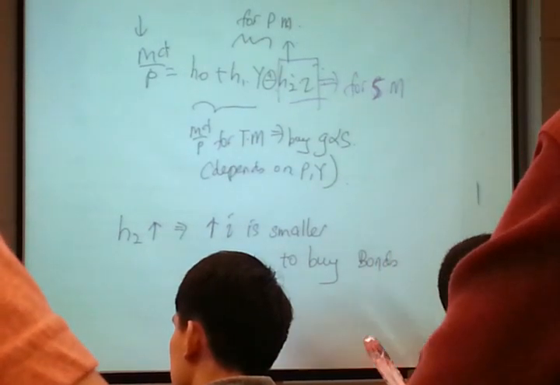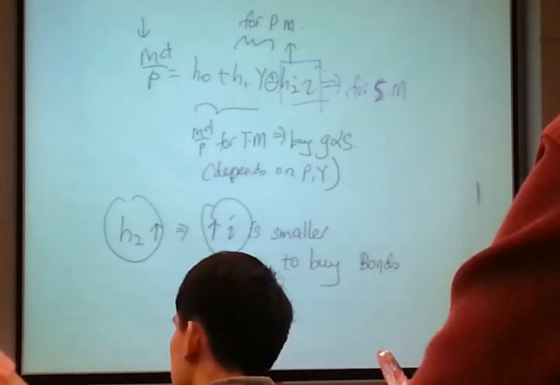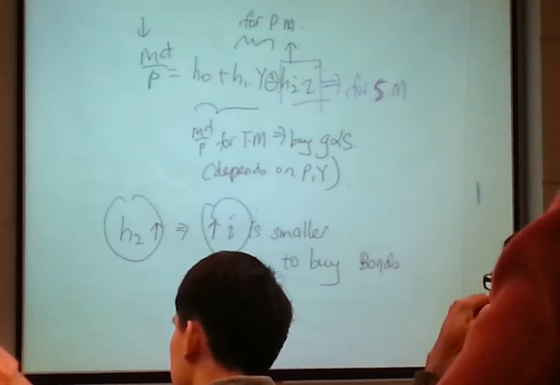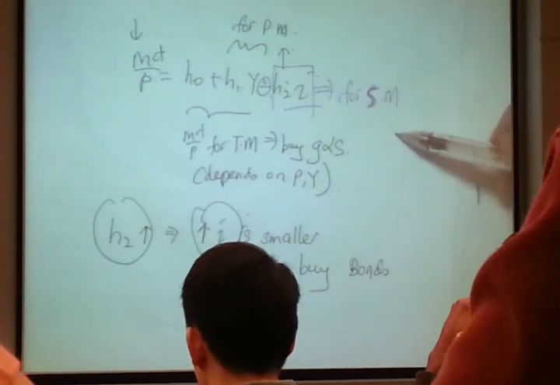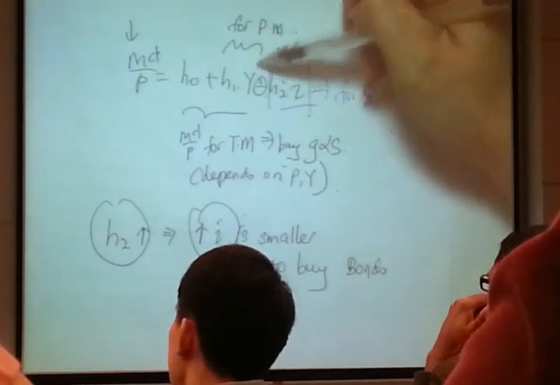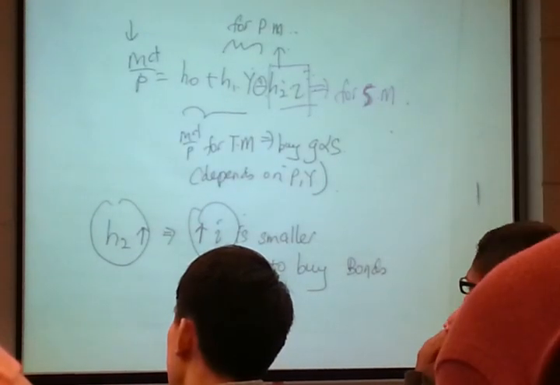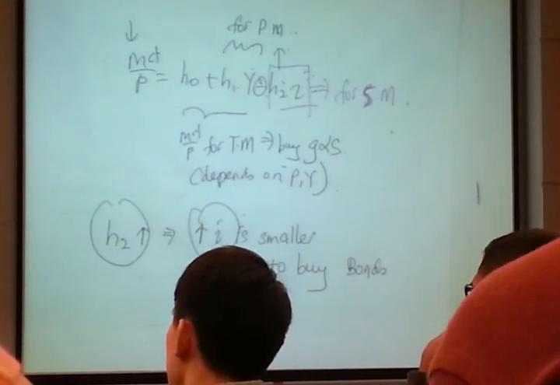So money demand drops not because of H2. Money demand drops because of interest rate, not H2. So look at the variables. If you are clear what it means by holding money for TM, PM, SM, you know the variable is Y and I, not H1, H2. So get it sorted out, okay?